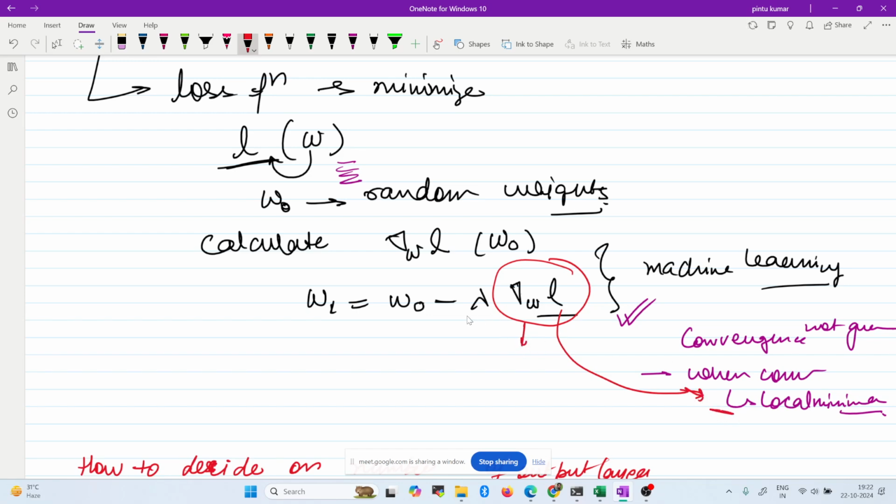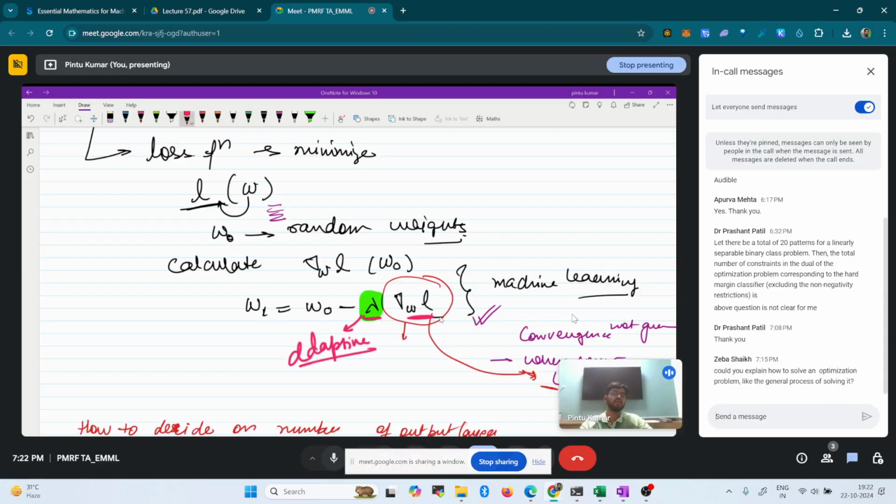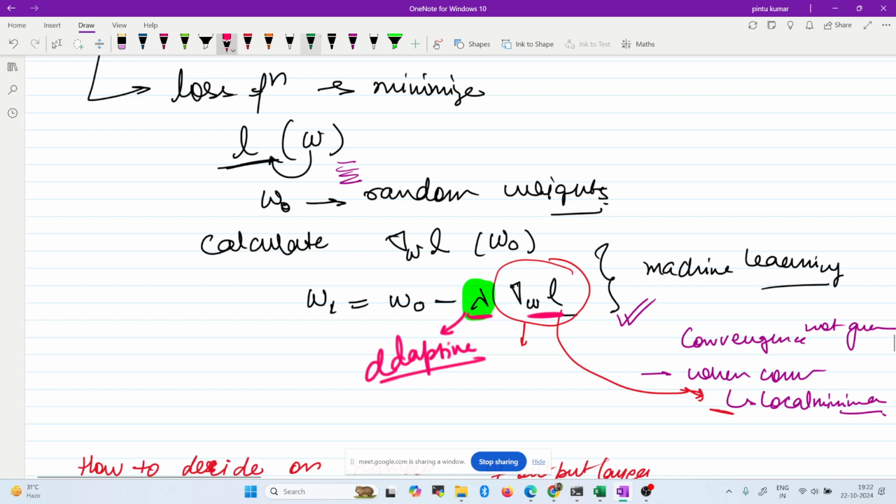Also, some people have suggested that this lambda, rather than keeping it fixed, we can make adaptive. So these two things people have tweaked and have come up with different variants of gradient descent. That is the most general approach that people take to solve optimization problems in a machine learning setup.